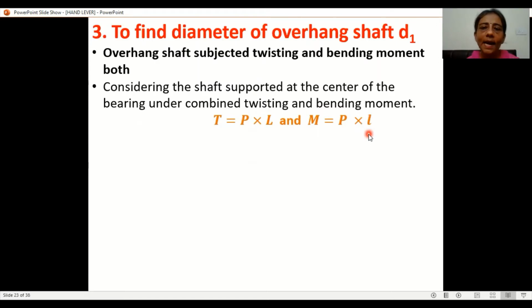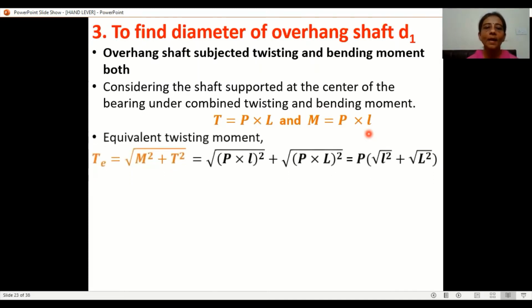Using this T and M, we will find the equivalent twisting moment, and that formula is based on the maximum shear stress theory. So we get equivalent twisting moment as under root M square plus T square. After substituting values, we get this equation.